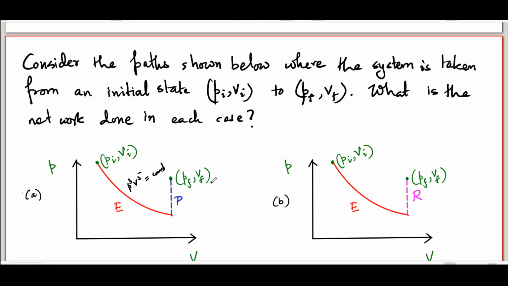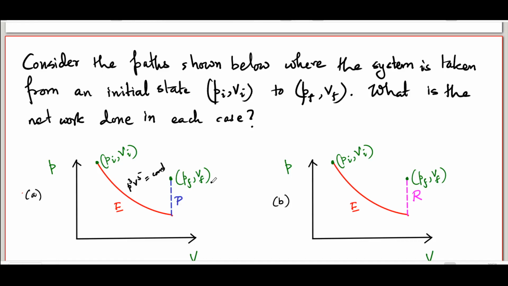And frankly, you don't really know exactly what the state is in the intermediate stages because the gas was not in equilibrium in the intermediate stages. So while the expansion has been drawn slowly enough so that you can think of each intermediate stage, if not as an equilibrium state, then a state which is very close to equilibrium, so you can draw a continuous line for that.